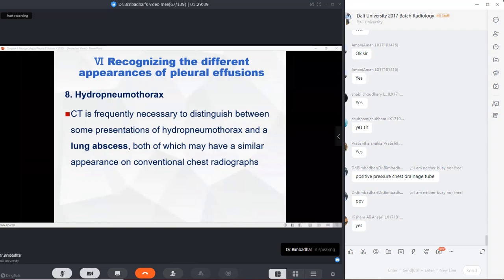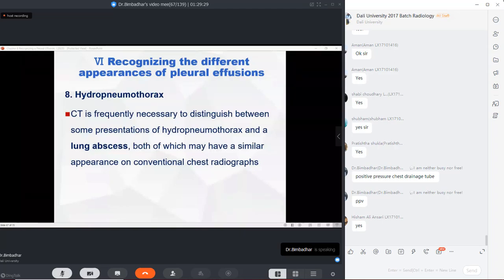But generally, abscesses are the ones that have an air fluid level. Okay, abscesses, generally speaking, because most abscesses form a granulomatous reaction, finally causing gangrene, right? That problem also happens in caseous necrosis.